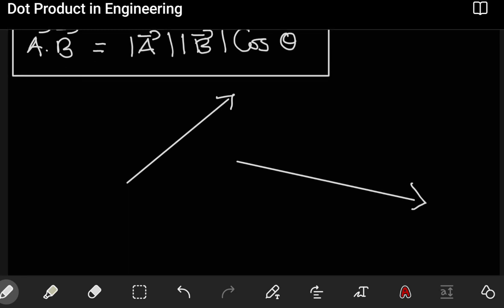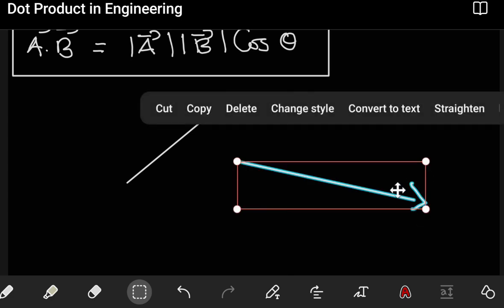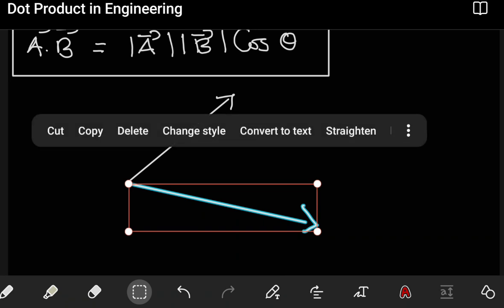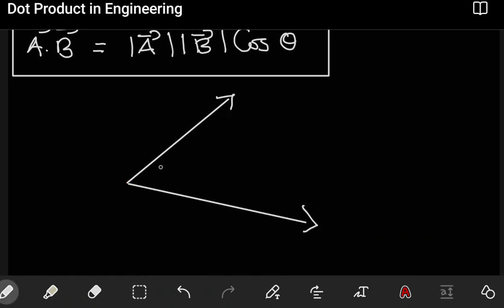If you wanted to use this expression, of course, we're going to see an example, you'd have to move this to the tail of the other vector so that we have something like this. The angle between them gets to be this one. So if this is vector A and this is vector B, the angle between them is theta. So the dot product between this vector and this vector will literally be equal to the magnitude of A times the magnitude of B, then cos of the angle between them.